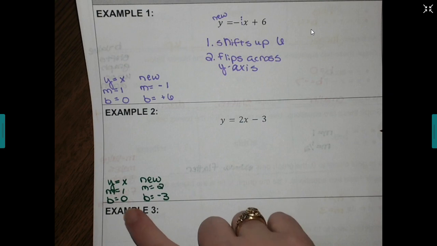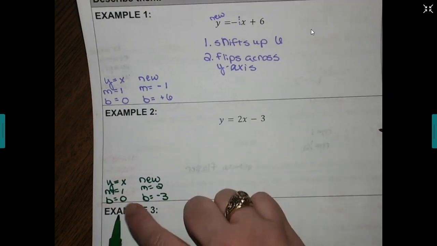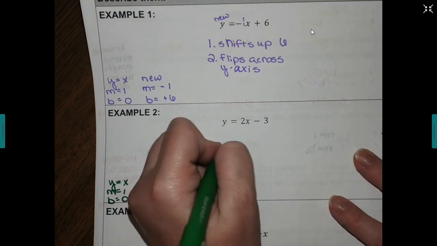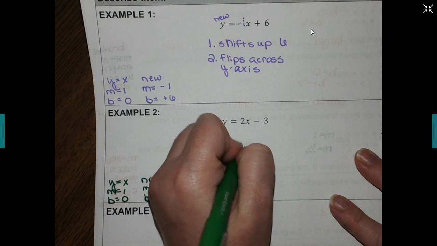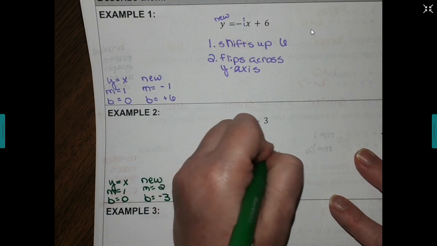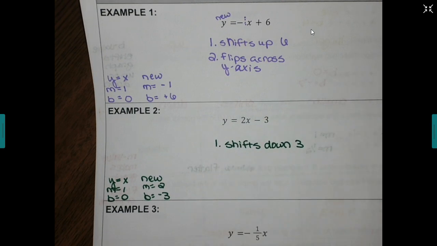I know that my b, instead of getting larger, got smaller. So I know that my graph shifts down 3.